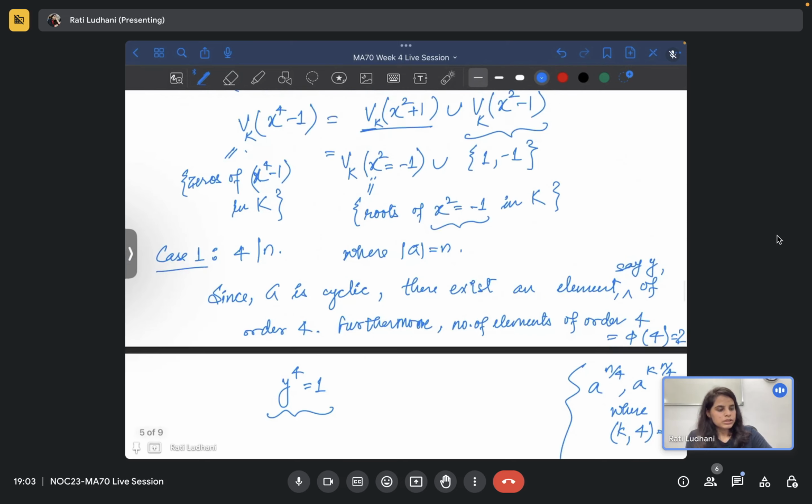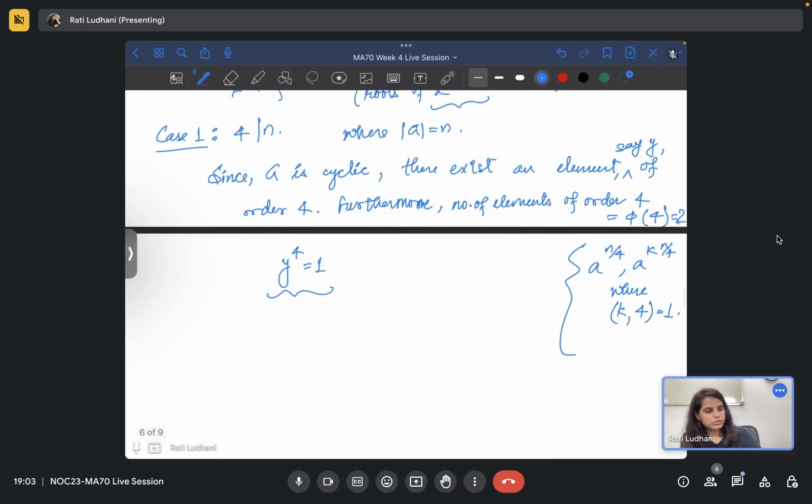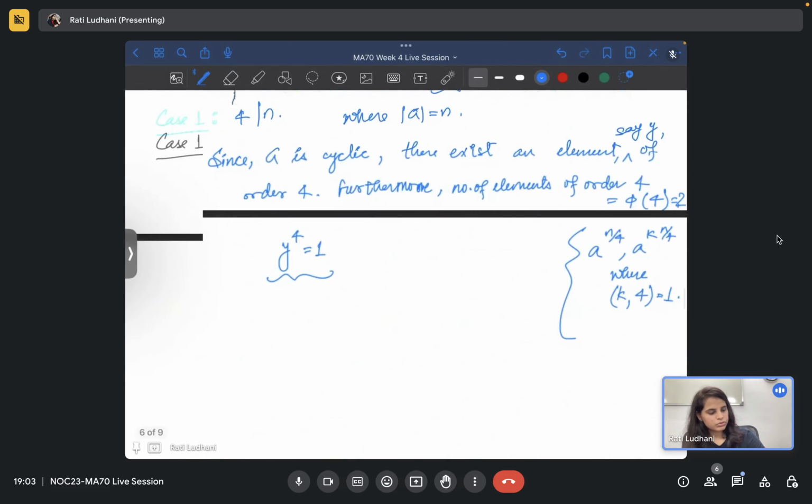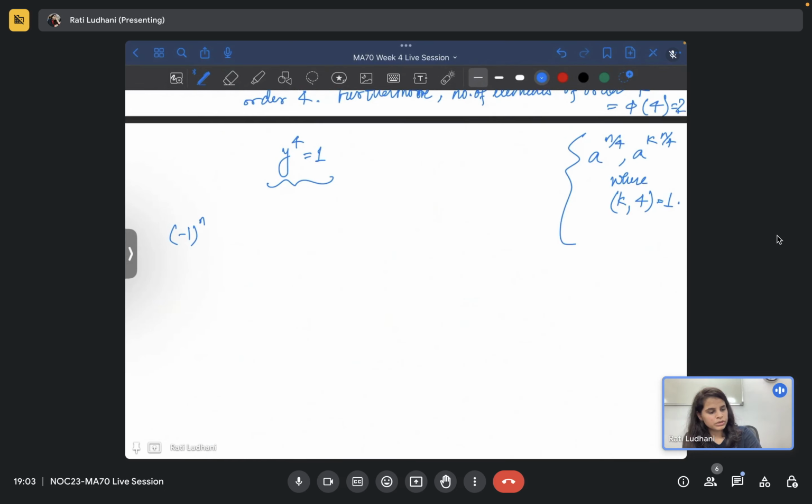Okay. So because of that, now let's come to our situation. The situation says that you have to find this product, minus 1 raised to power n by 2 mu of 2g, which has become now the product over x such that x square belongs to G and x raised to power 4 is equal to 1.